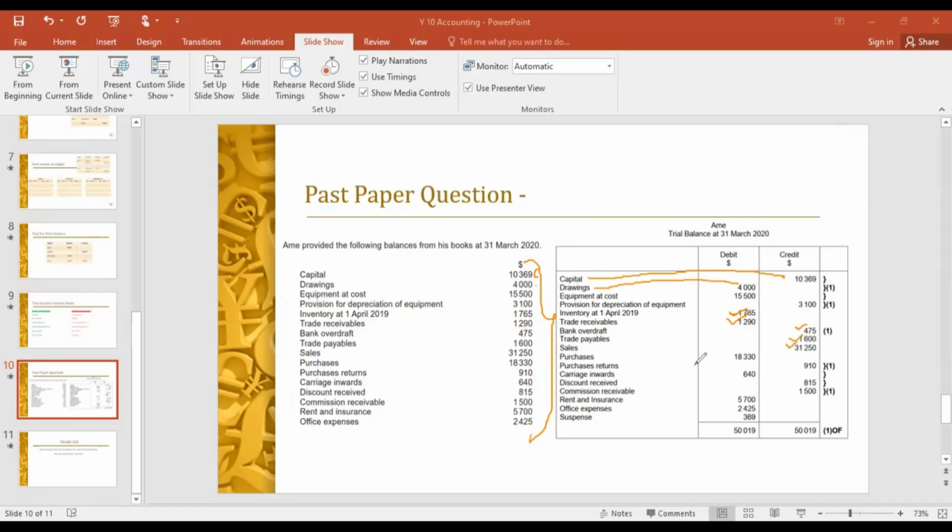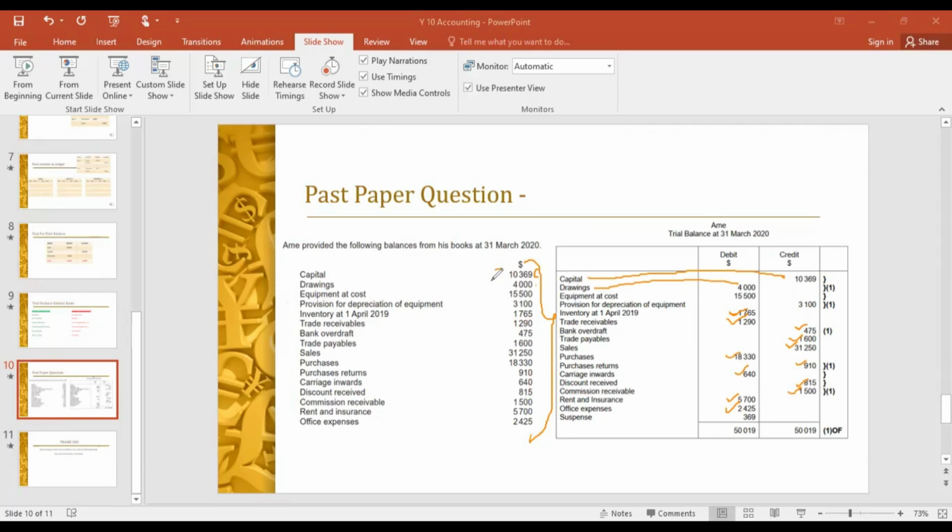Sales are always on the credit side. Purchases, debit side. Purchase return, credit. Carriage inward is an expense, debit side. Discount received is an income, credit side. Commission receivable is an income, credit side. Rent and insurance, expense, debit side. Office expense, debit side. And now in this question, what is happening?